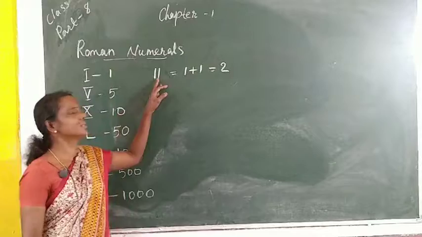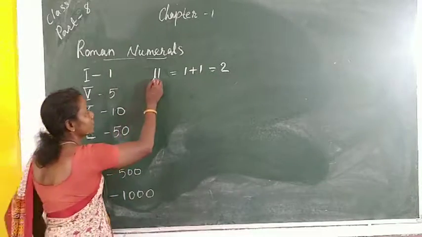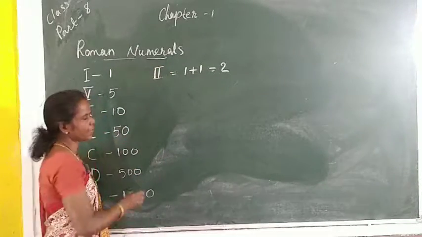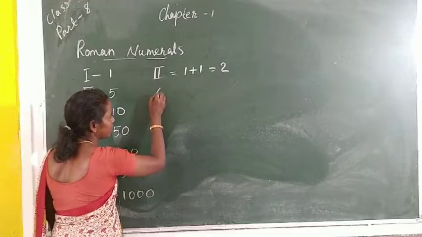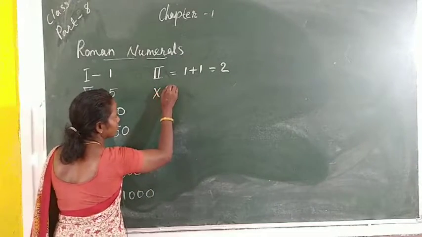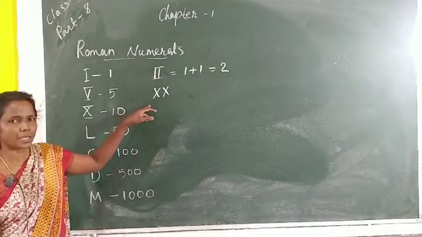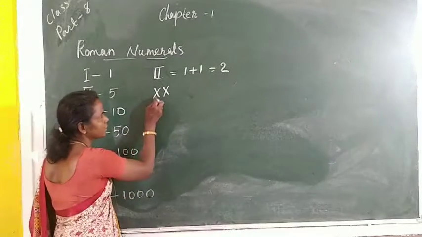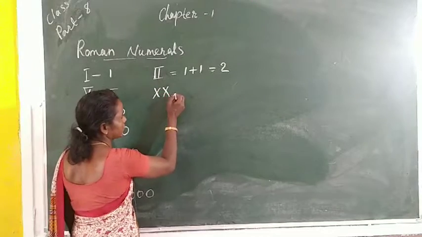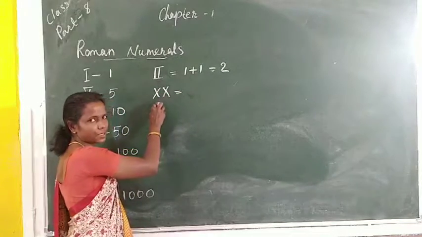So the value of this number is 2. Then look at this 10. The symbol of 10 here, how many times is it repeated? 2 times.